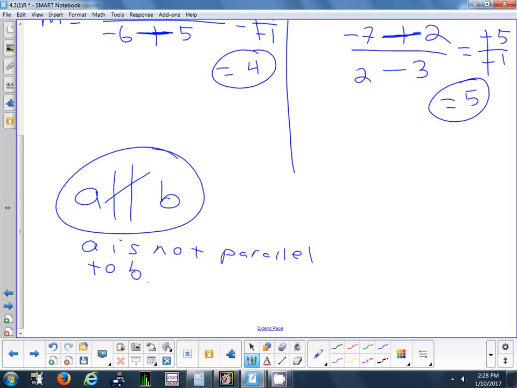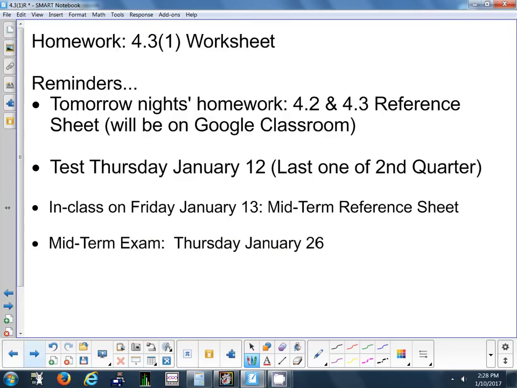Okay, what kind of lines are we going to look at tomorrow? Perpendicular. Okay, couple reminders. Eyes on the board. Tonight's homework, 4.2 and 4.3 reference sheet. That's tomorrow night's homework. I'm going to put that on Google Classroom tomorrow.